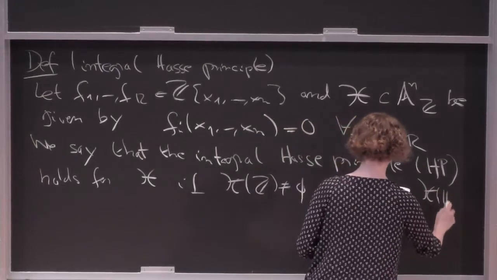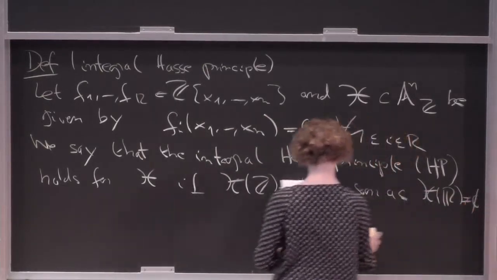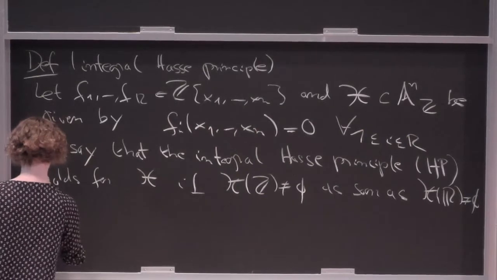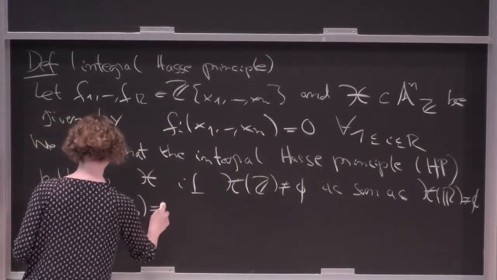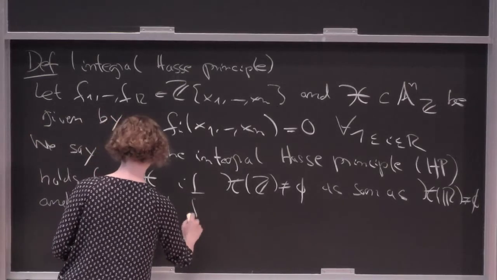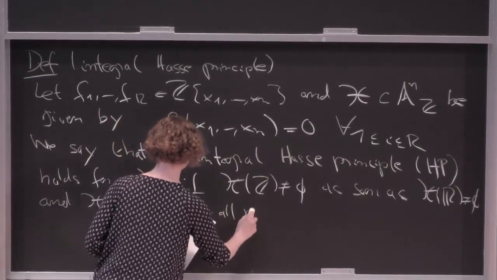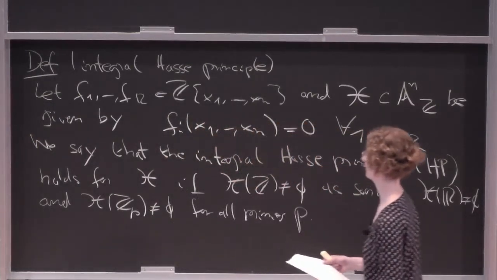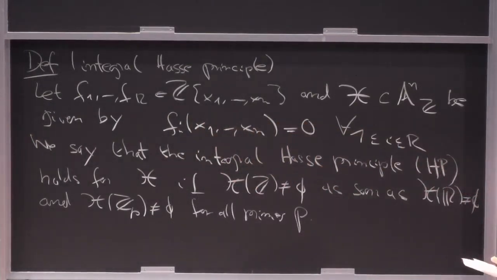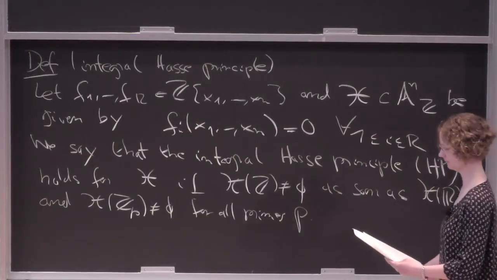So if there's a real point and there are periodic solutions for all primes p. So it's just the same statement as if you would talk about a Hasse principle for rational points.